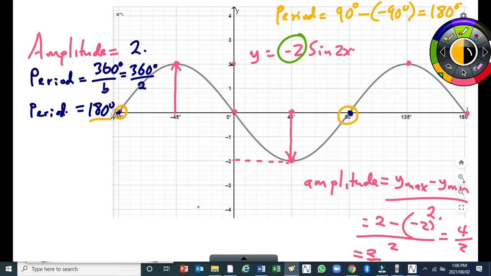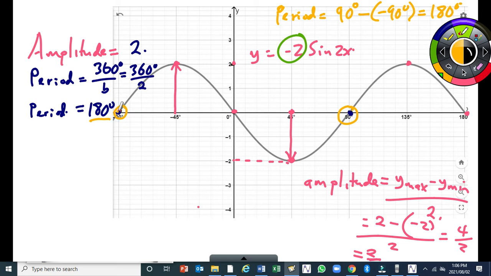So for example, for tan you use the asymptotes. You have to look at the asymptotes, because remember, the period of a tan graph is the length in degrees between the asymptotes. That's an easier definition. So here, maximum endpoint minus minimum endpoint.